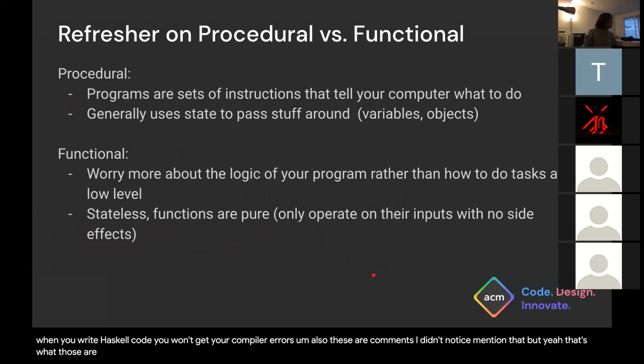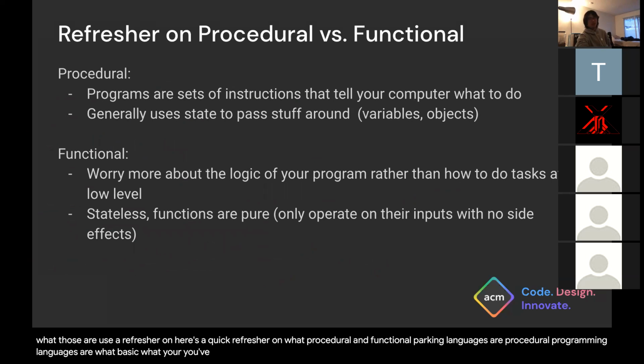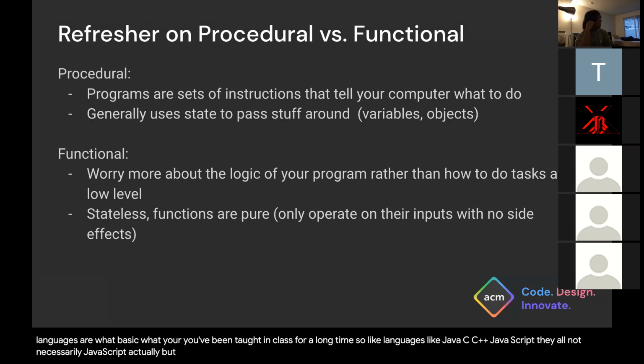Moving on. So here's a quick refresher on what procedural and functional programming languages are. Procedural programming languages are what you've been taught in class for a long time. So languages like Java, C, C++, JavaScript, well, not necessarily JavaScript actually, but those sorts of languages.